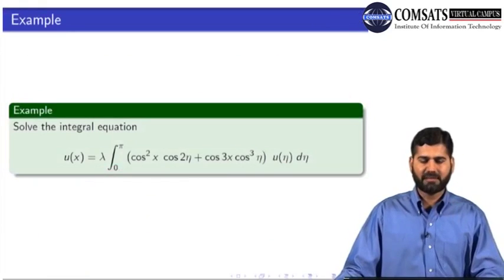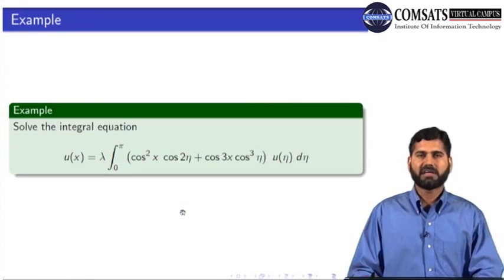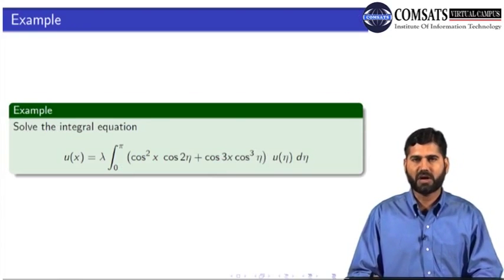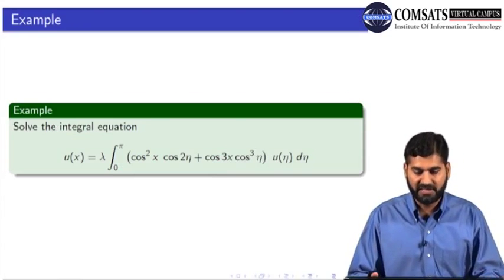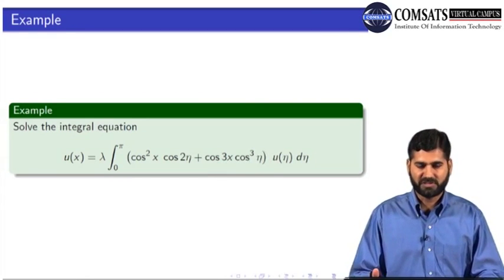Alright, so let's see an example here. This is an example of the degenerate kernel. Solve the integral equation u(x) equals lambda integral from 0 to pi and so on. This is an example of a degenerate kernel, and we will see how we get the trivial and non-trivial solutions here.